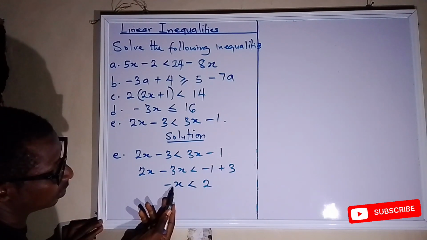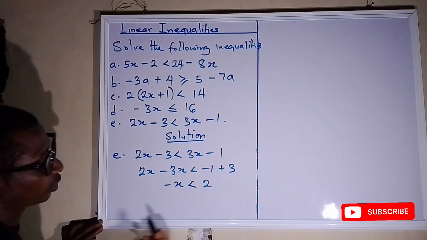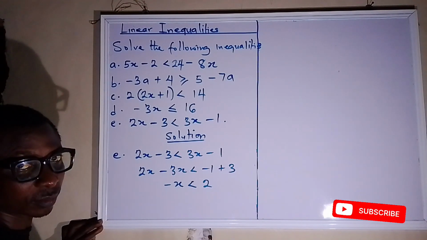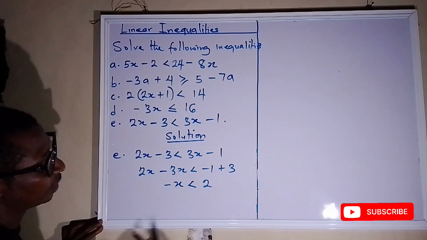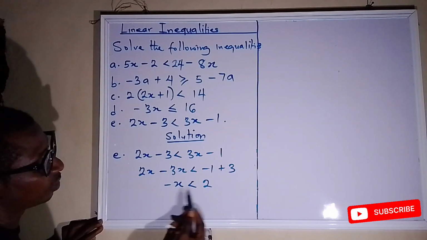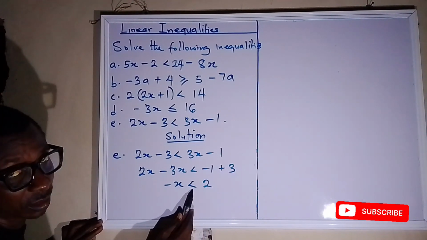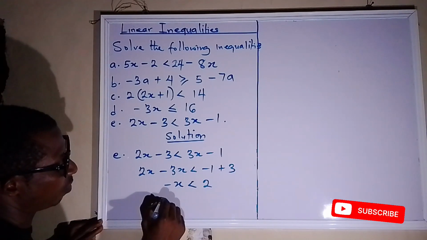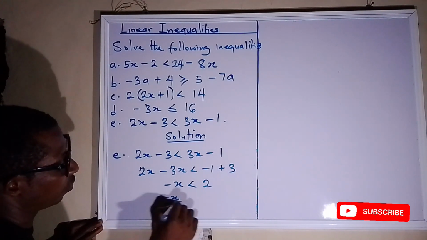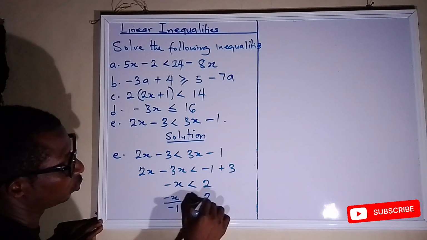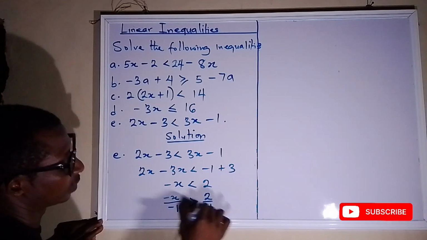This is having a negative, so we need to divide both sides by minus 1. Don't forget what we said earlier. Whenever you are dividing both sides of an inequality with a negative number, the sign changes. So in this case, I have minus x over minus 1 is greater than 2 over minus 1.